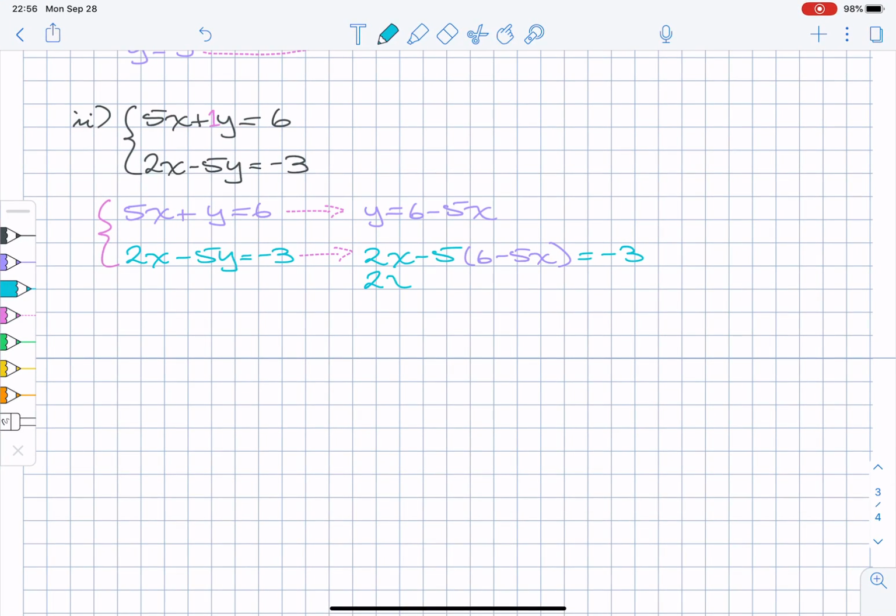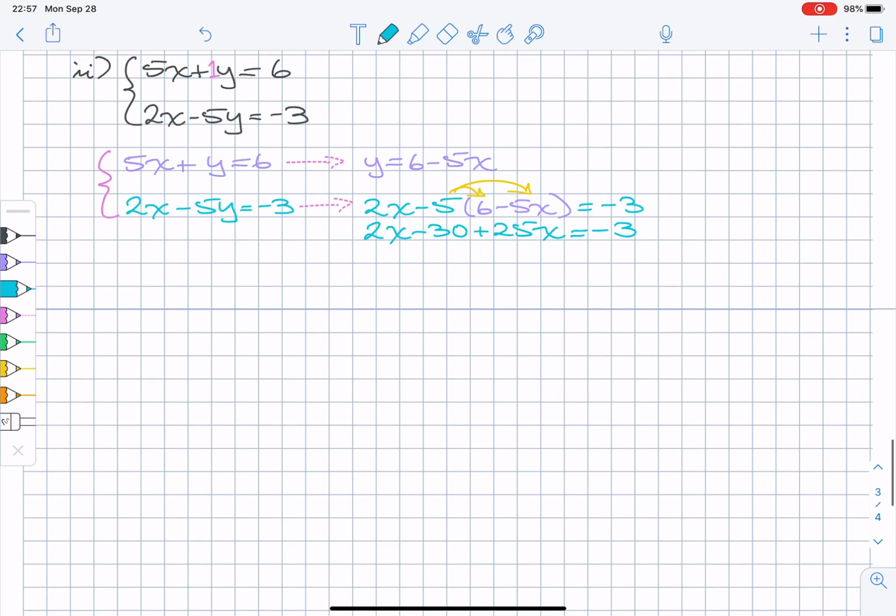So we get 2x. Let's go ahead and distribute the negative 5. Minus 30 plus 25x is negative 3. So how many x's do I have? I have 27 x's. And if I add 30, it will be 27. So I get that x is equal to 1.